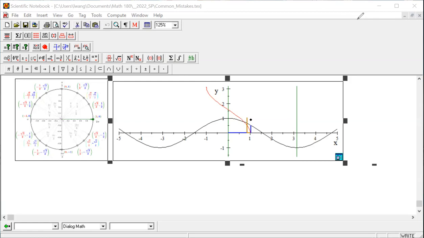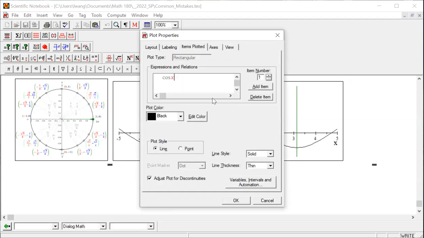Okay, so the example we're going to use, let's see, I'm going to use pi over 6. I'm going to use pi over 6 this time to see if that helps, because we have to look at the picture, right? That's the orange.